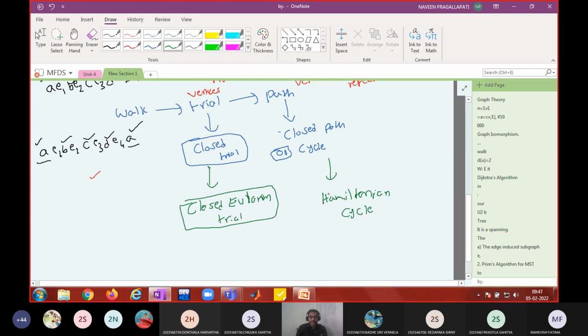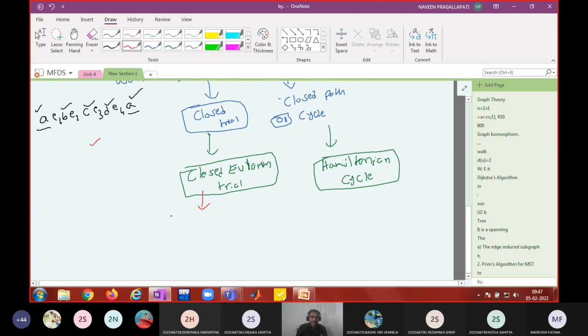Okay, so what is the thing you have to remember? An Eulerian trail contains all edges, and a Hamiltonian cycle contains all vertices.